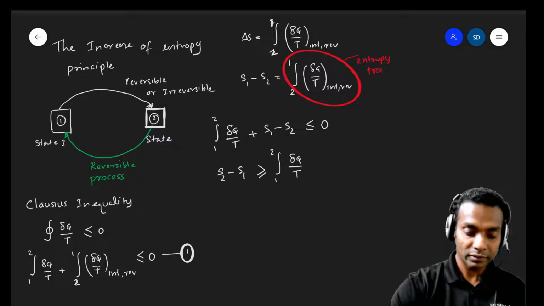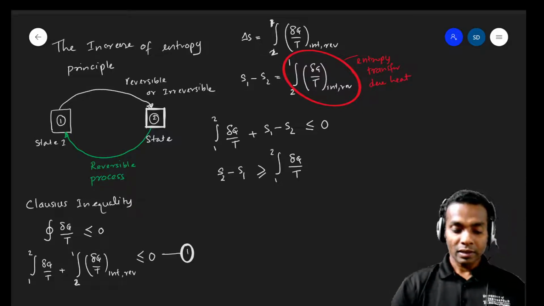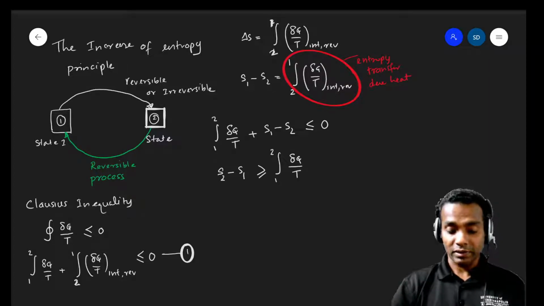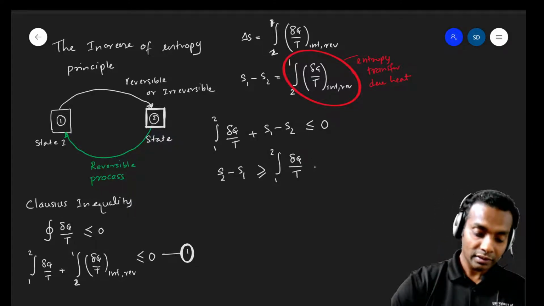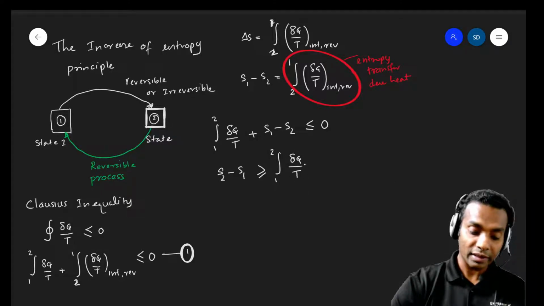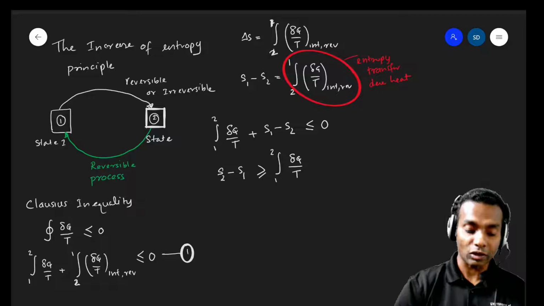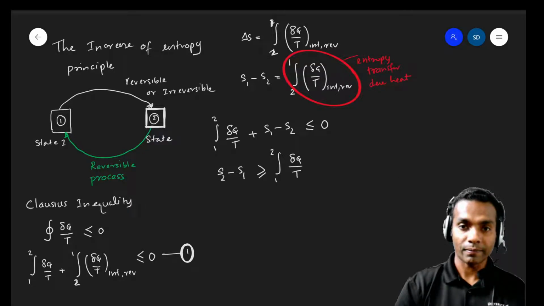Now, for an irreversible process, we can see that the entropy transfer due to heat is less than the entropy change.